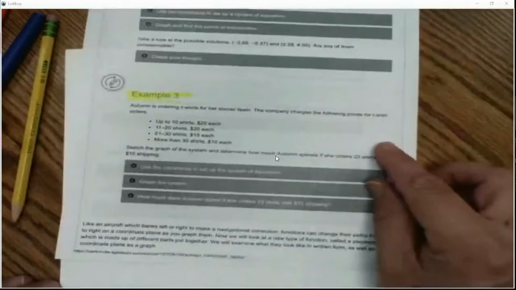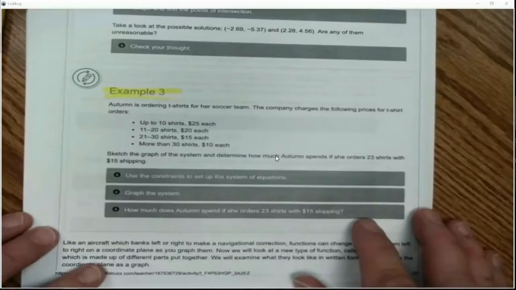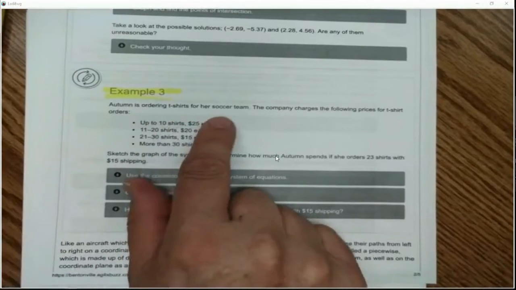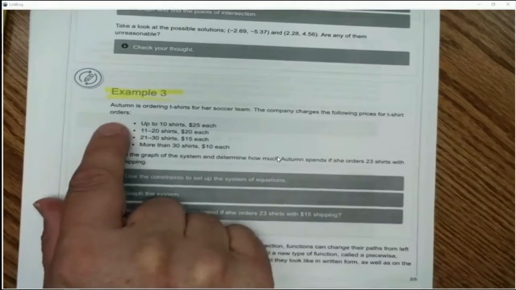write a piecewise function. So I'm going to look at this example that we have from our text right here. This says, Autumn is ordering t-shirts for a soccer team. The company charges the following prices for t-shirt orders.